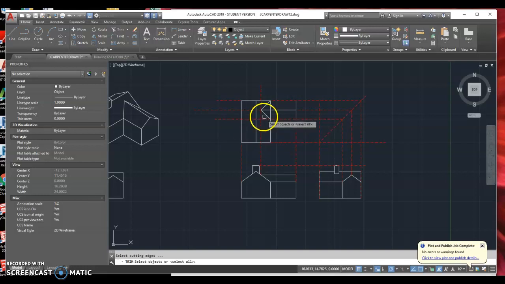Now, to complete that, you have to make sure you remove your wall line there, because this roof is covering the wall. And now we just have to draw in the boundaries of the wall.